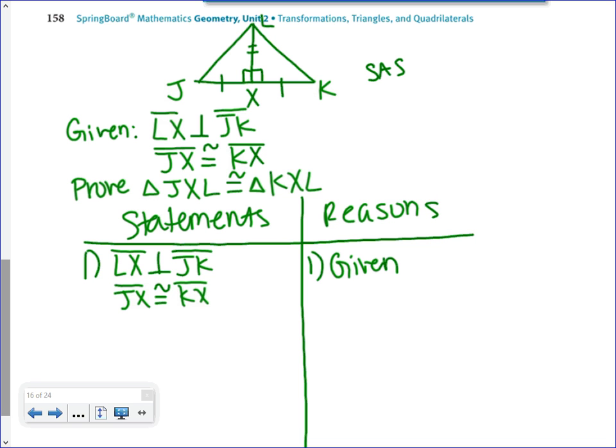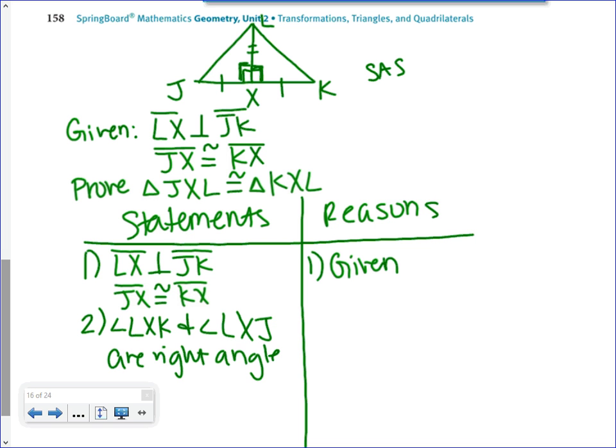And so, if I know that these sides are perpendicular here, I can say that this angle is a right angle and this angle is a right angle. So, angle LXK and angle LXJ are right angles. And the reasoning there would be definition of perpendicular.